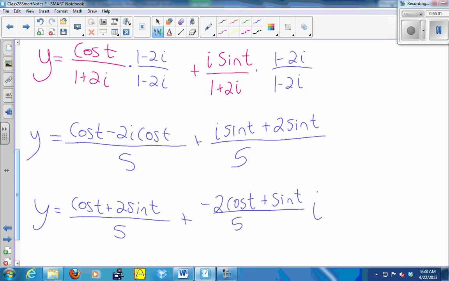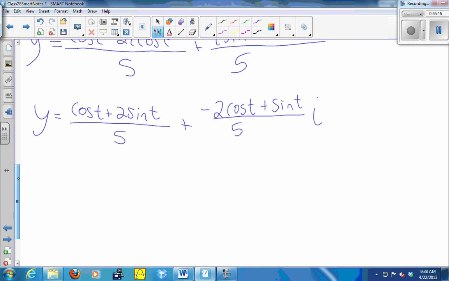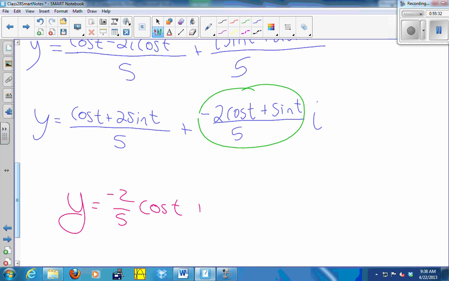Okay, so now just take the imaginary part. Yep, that's what it is. So this is my real solution, my solution to the forcing function sine t. This is the one I'm looking for: -2/5 cosine t plus 1/5 sine t.